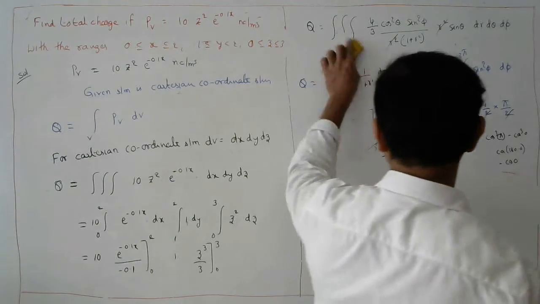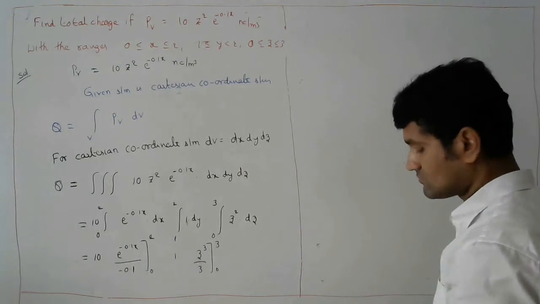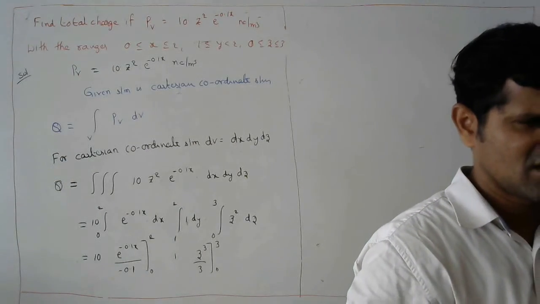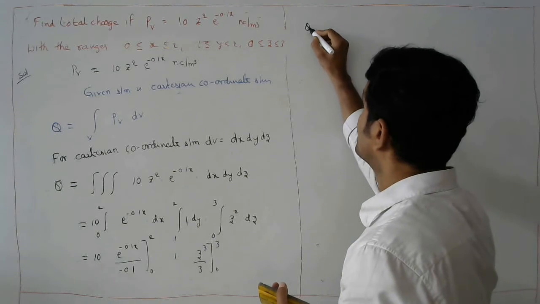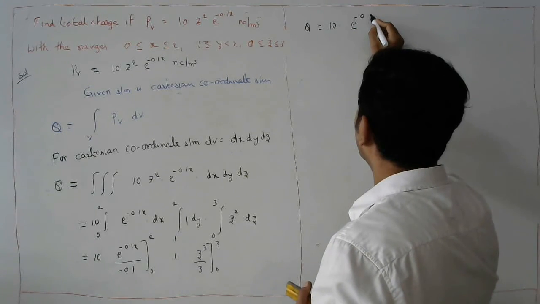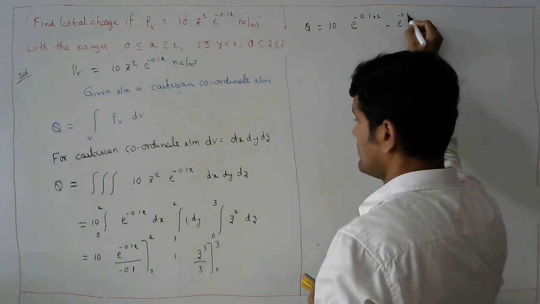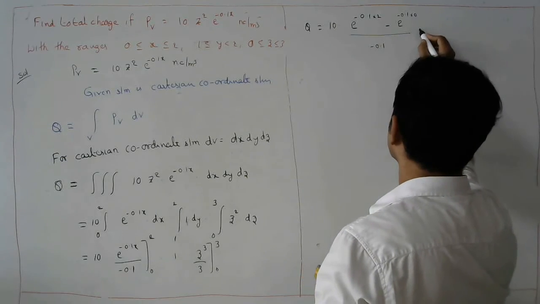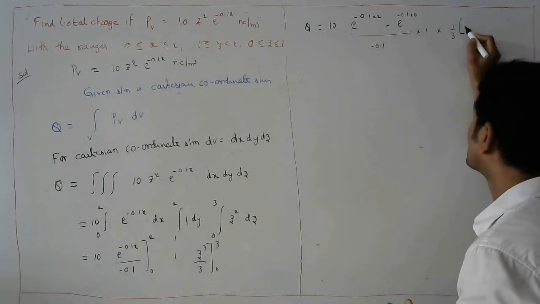So Q is equal to 10 into e to the power of minus 0.1 into 2 minus e to the power of minus 0.1 into 0, divided by minus 0.1, into 1, into 1 by 3 into 3 cubed. 3 cubed is 27.